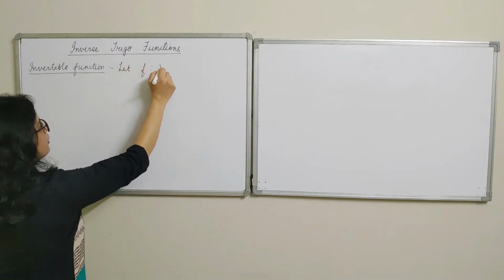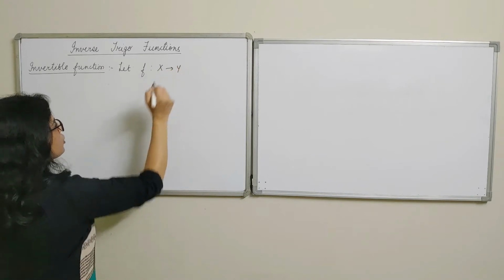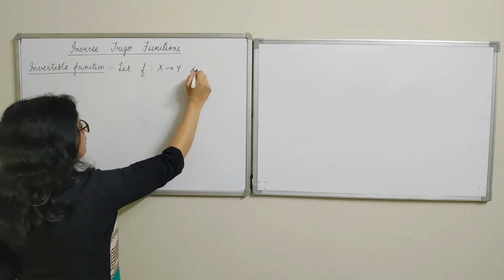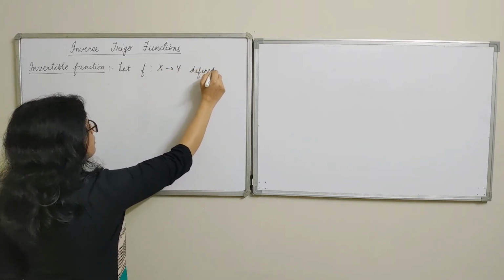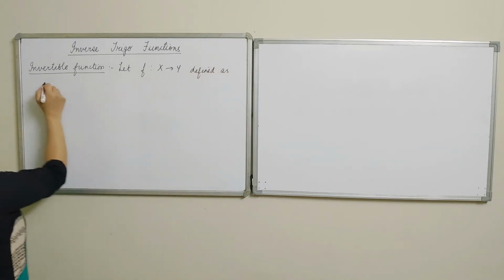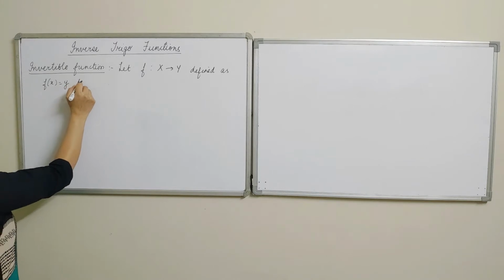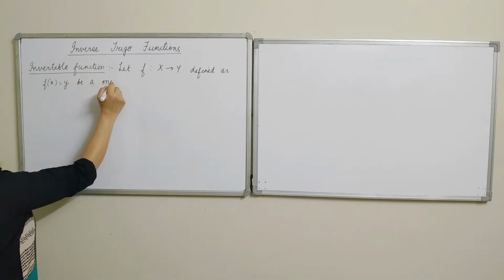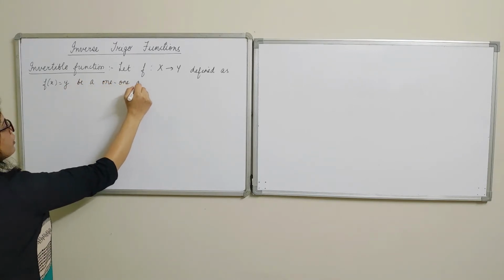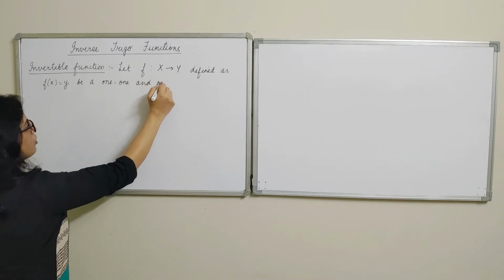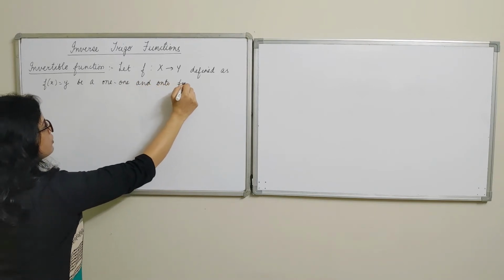Let f be a function defined from X to Y as f(x) equal to y, be a 1-1 and onto function.